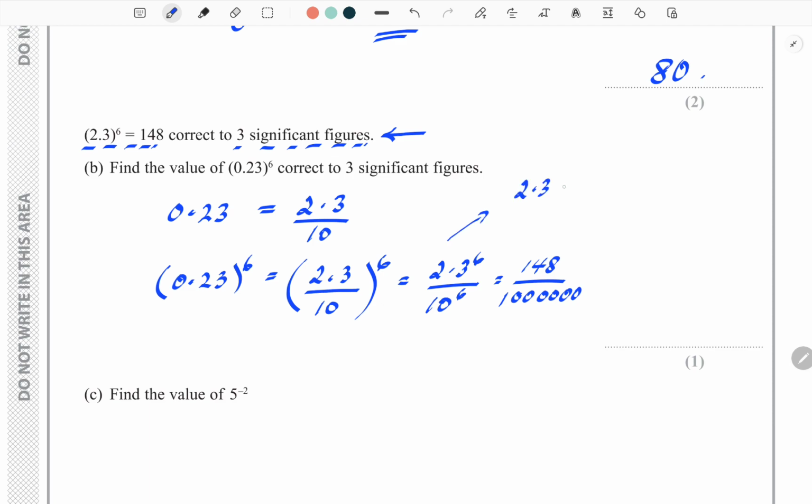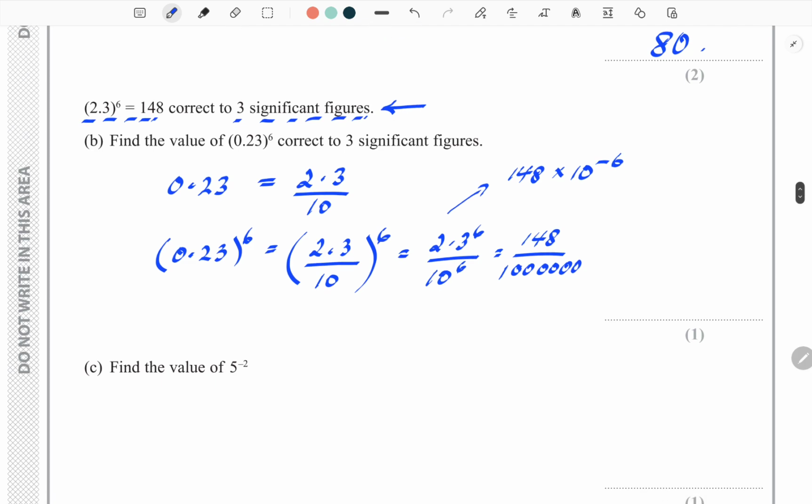148, if you like, times 10 to the power minus 6, because you're dividing by 10 to the 6, all right? And that means you move the decimal place 6 times. So that is 148, and you go 1, 2, 3, 4, 5, 6.